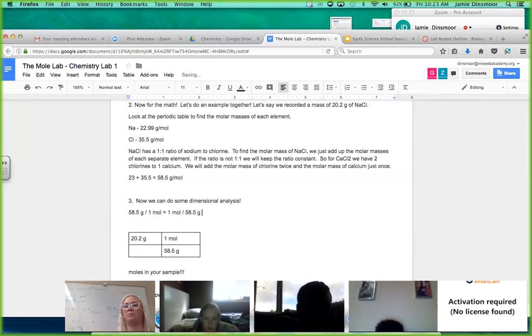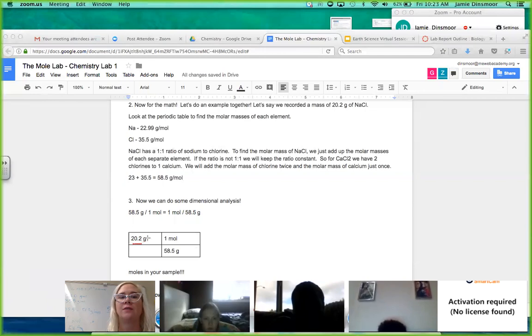You can flip them, right? There's no reason that you can't do that. So in this case, we flipped so that we can actually cross out grams as our units, and we're left with just moles.